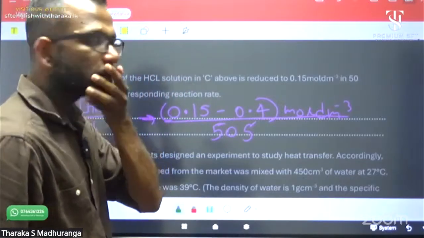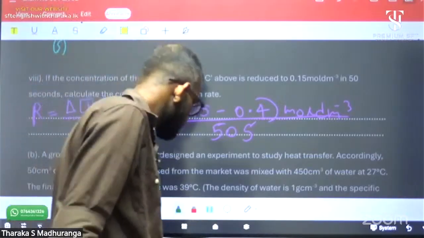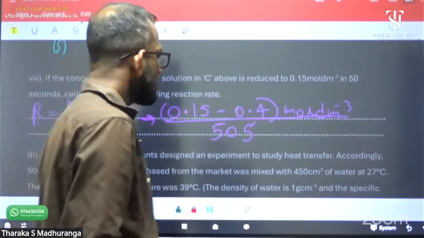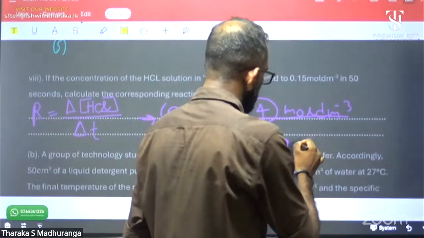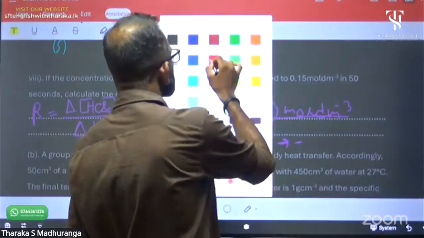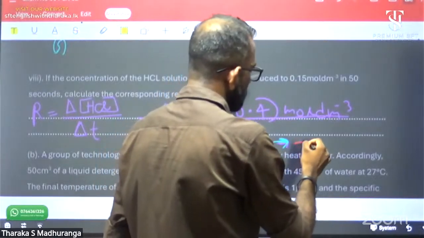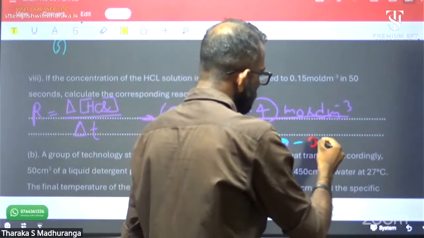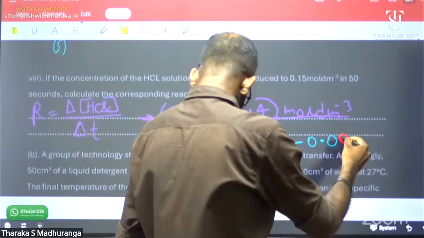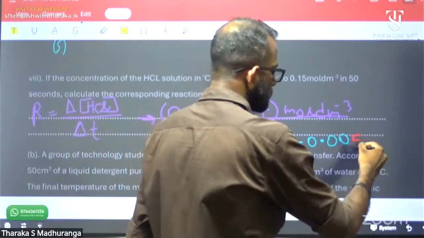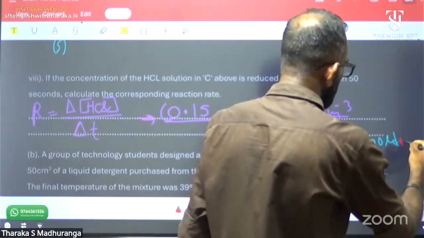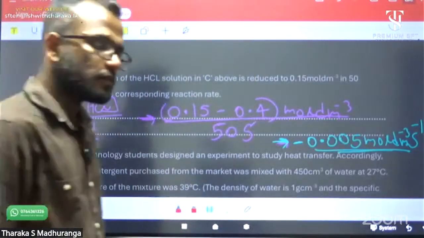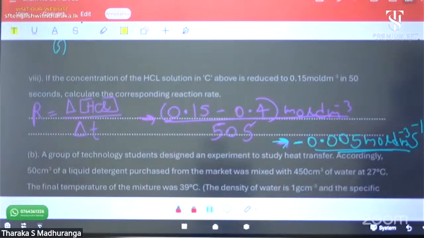Yeah. 0.25 divided by 50. The answer is minus, compulsory because it is a decaying rate: minus 0.005 mol dm^-3 s^-1. Unit compulsory. This is the answer.